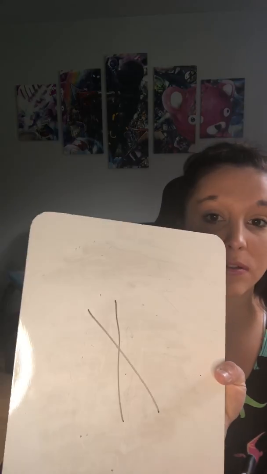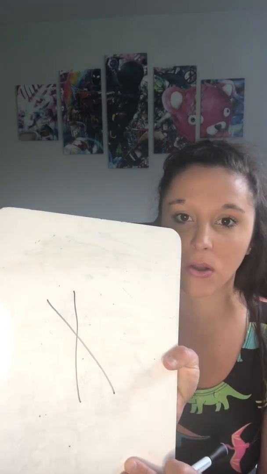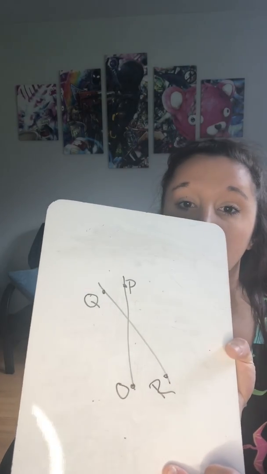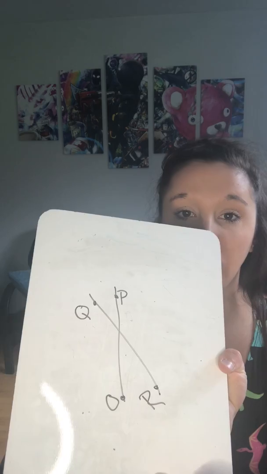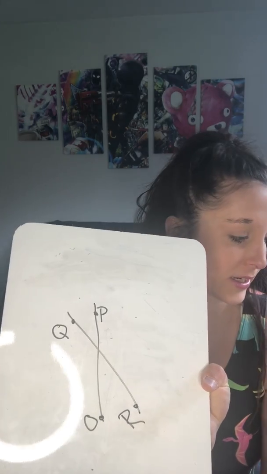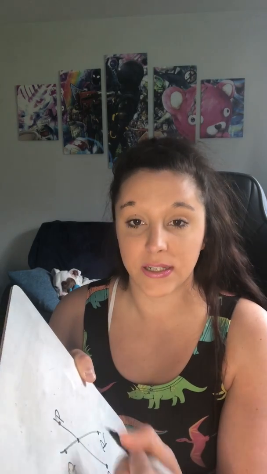Okay, intersecting lines. If you have two lines that just meet in the middle, they're called intersecting. O, P, Q, R. So if I have line OP and QR intersecting, they usually put a point.